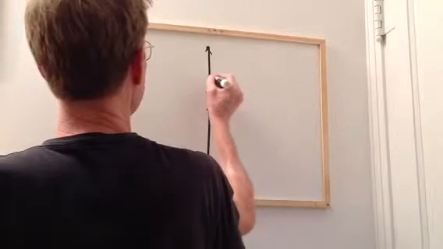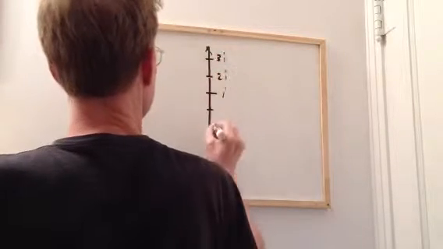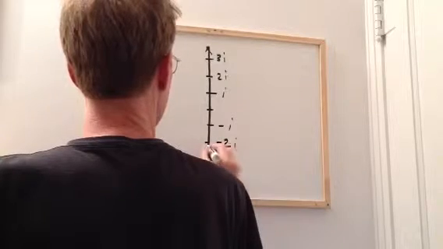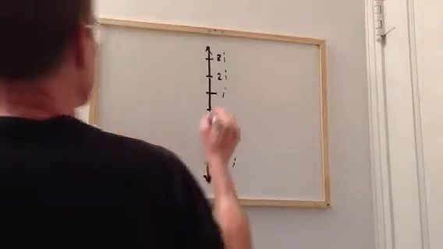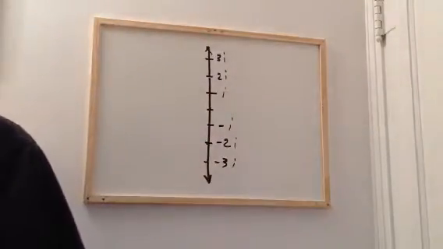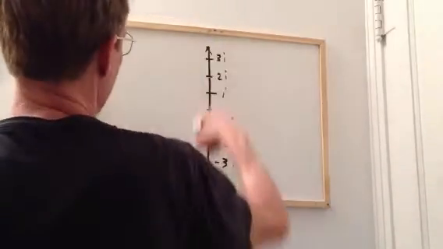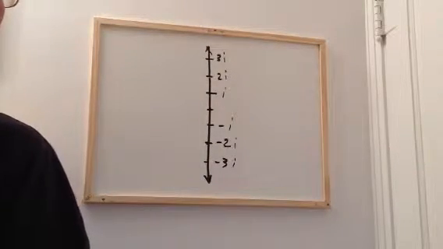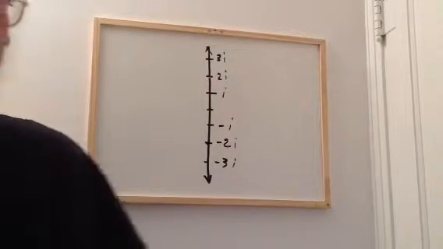Then we have i, 2i, 3i, minus i, minus 2i, minus 3i, like that, and 0i in the center, but I haven't labeled that for a reason, which you'll discover very shortly. Anyway, here we go, up and down, and that is just like a real number line, except we've multiplied everything by i and we've stood it on end.